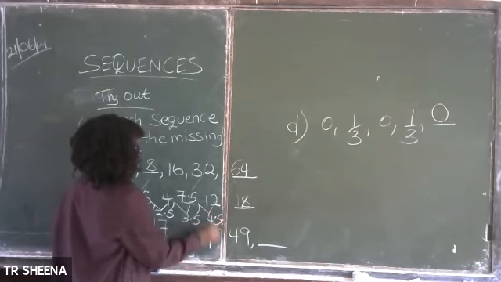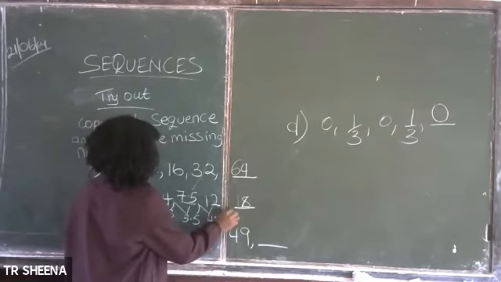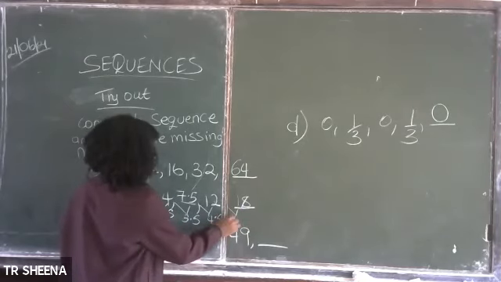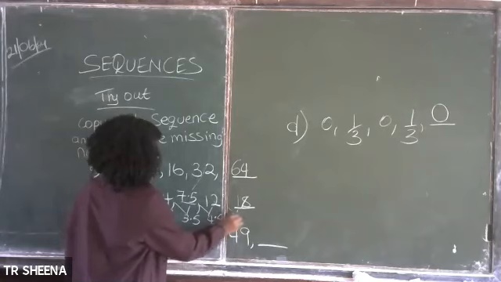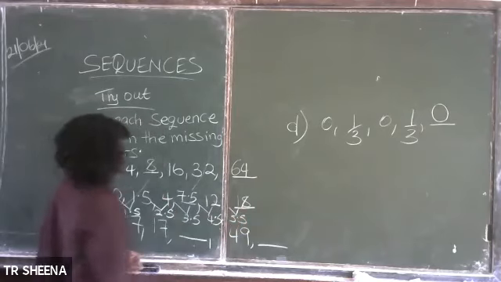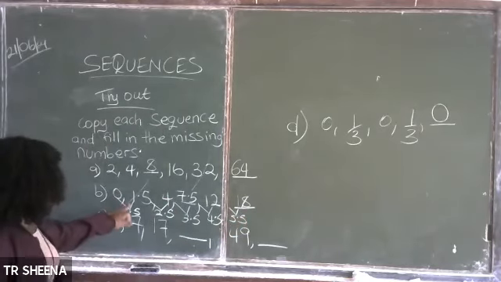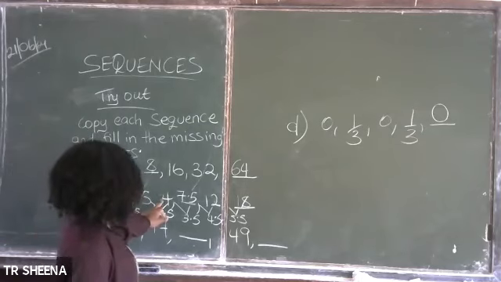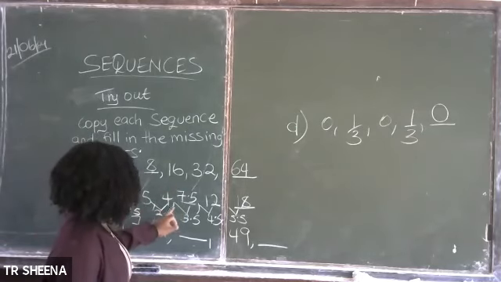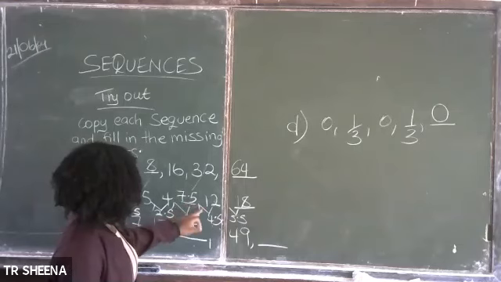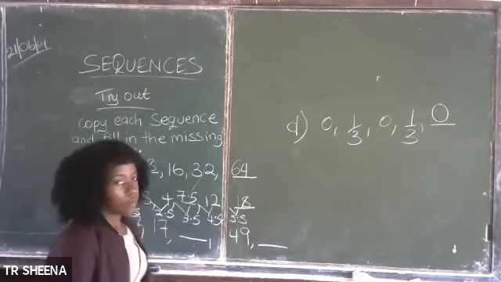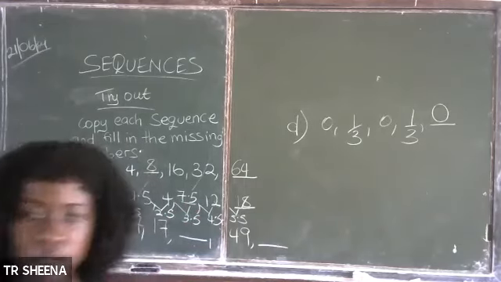From 12 you add 5.5 and then you come up with 18. From 0 to 1.5 is 1.5, 1.5 to 4 is 2.5, 4 to 7.5 is 3.5, 7.5 to 12 is 4.5, then 12 to 18 is 5.5. Yeah, it's correct. I hope now it's clear.